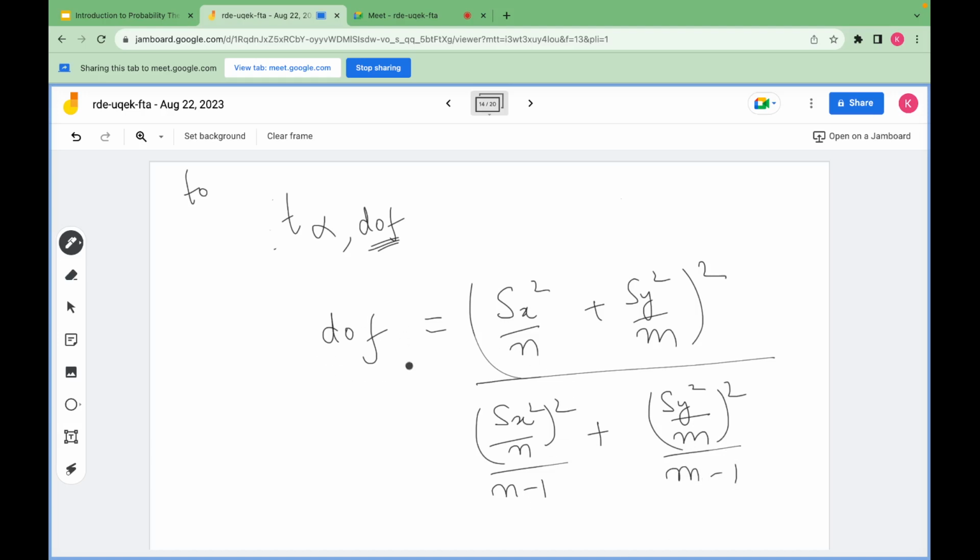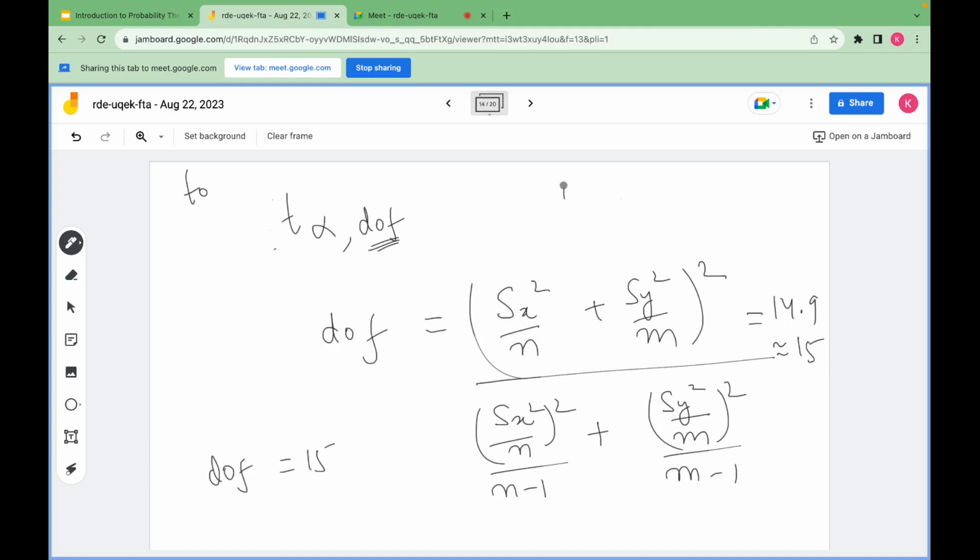This is the formula for calculating degree of freedom. It comes out to be around 14.9. The DOF value must be an integer, so the nearest integer is 15. So we will take the DOF as 15.